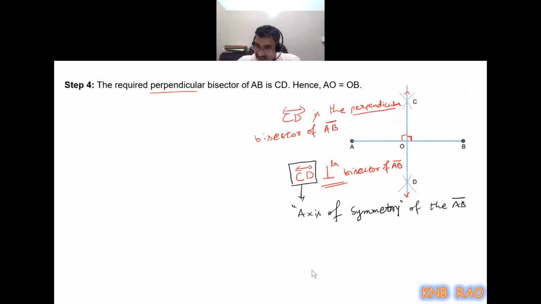Same way here, when you fold the line segment AB at O, exactly this OB falls on OA. So that is why this CD is dividing AB into 2 equal halves. AO is like a reflection of OB. AO equals OB, and B falls exactly on A. That CD is doing it.